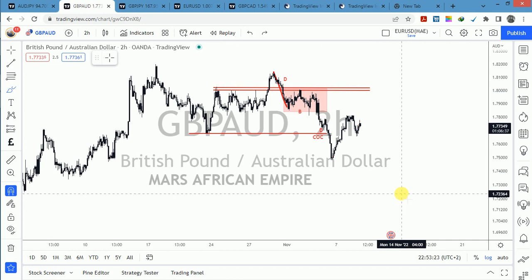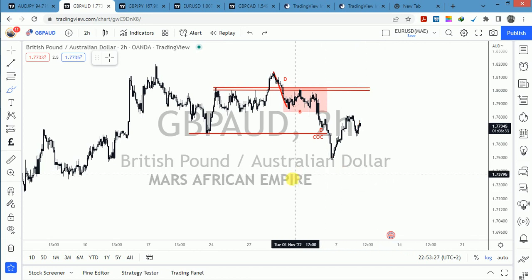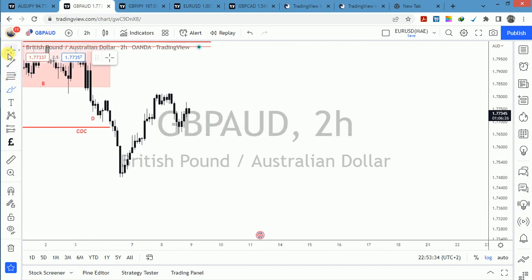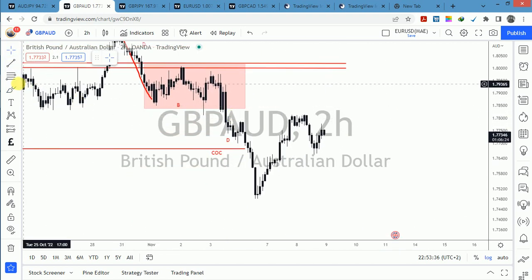Also, for those who are buying this pair right now, you are buying it because if you look closely, you're going to realize that we had an imbalance here.